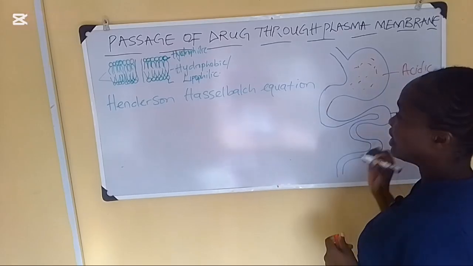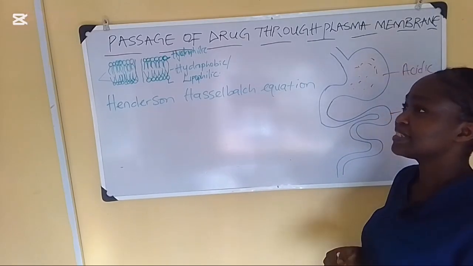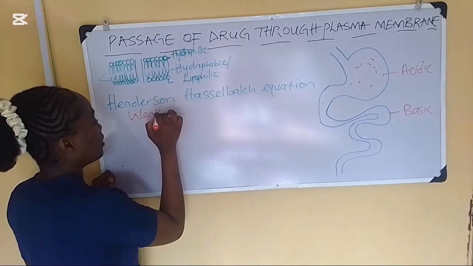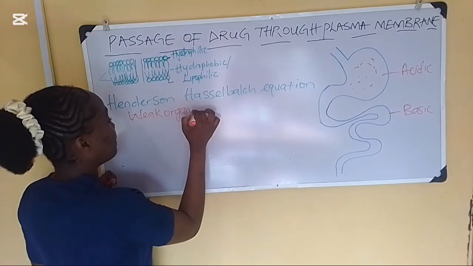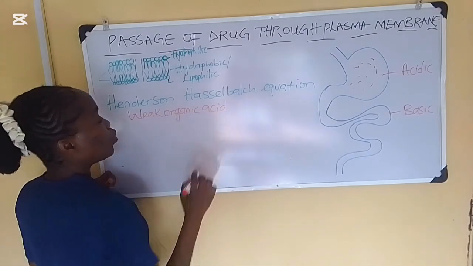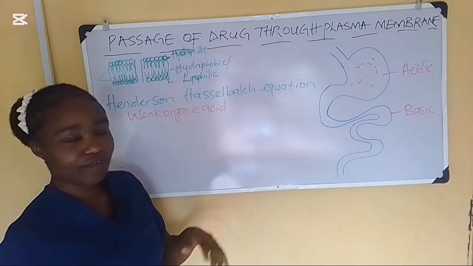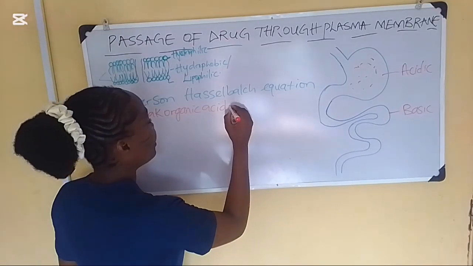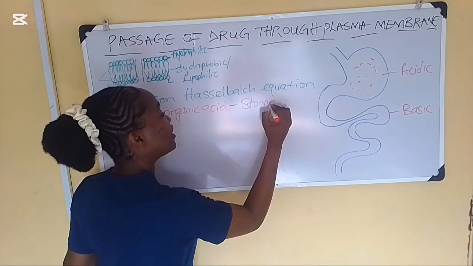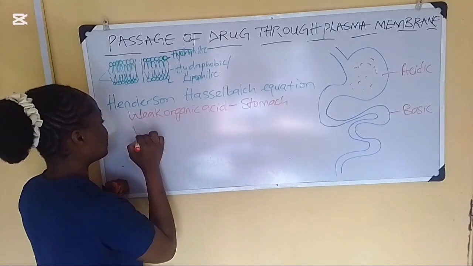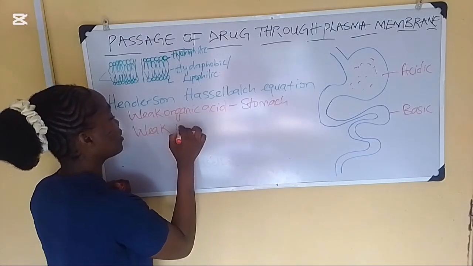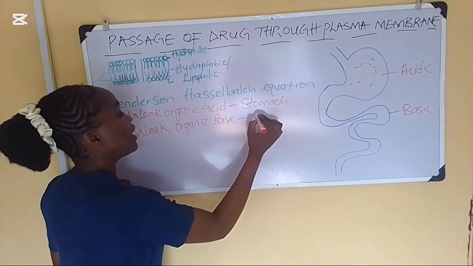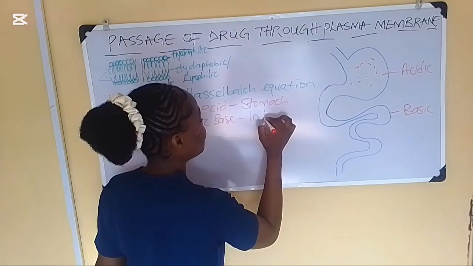Now, we're using the Henderson-Hasselbalch equation, which says that a weak acid would be able to absorb better in an acidic environment. So we can use this to say that weak organic acids will absorb better in the stomach, while weak organic bases will absorb better in the intestines.